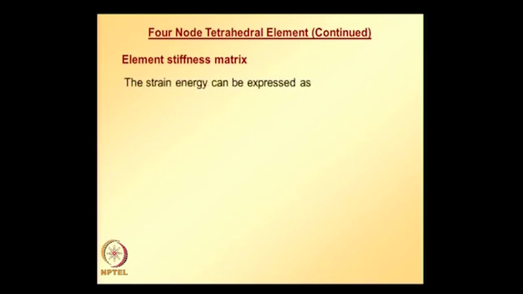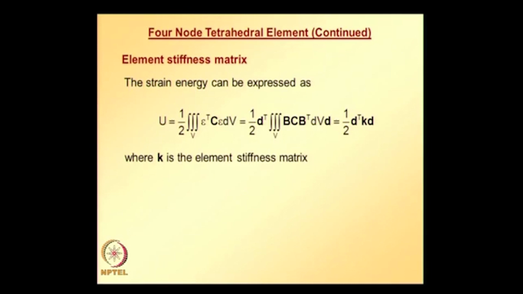Strain energy can be expressed through this equation, substituting epsilon is equal to B transpose d into this equation. We can evaluate strain energy through finite element approximation as half d transpose k d, where k is element stiffness matrix and it is given by this volume integral of B C B transpose.